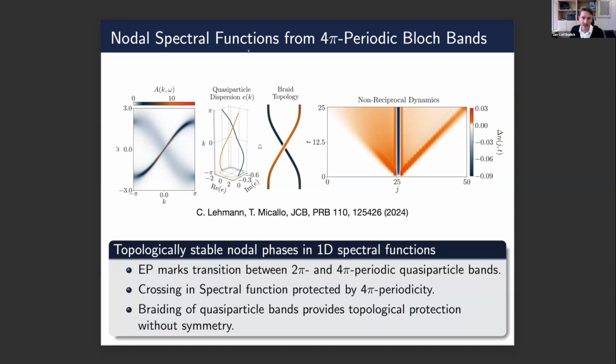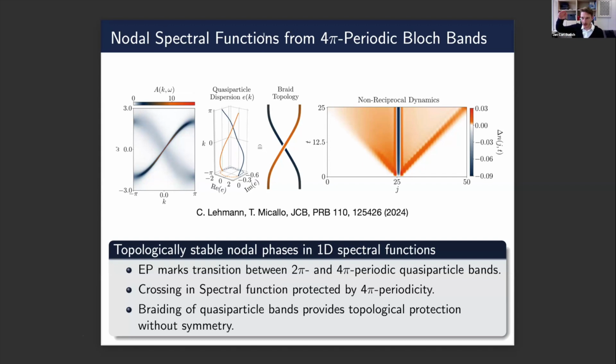So now, as a final step in this hierarchy of how abundant or how stable are these phenomena if you add some dissipation to a many-body system, we can now relax the conditions even a bit more. And I now want to argue that even without symmetries, you will see nodal spectra in spectral functions as a topologically stable phenomenon in one-dimensional systems.